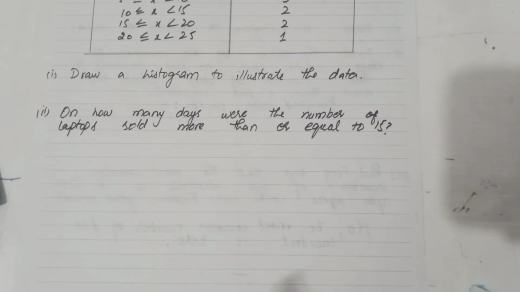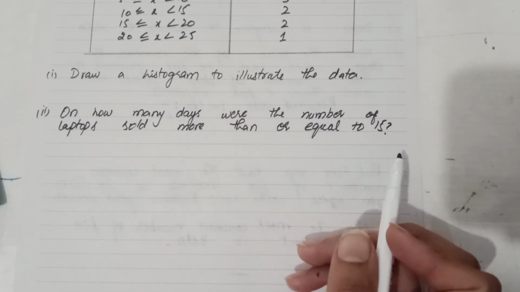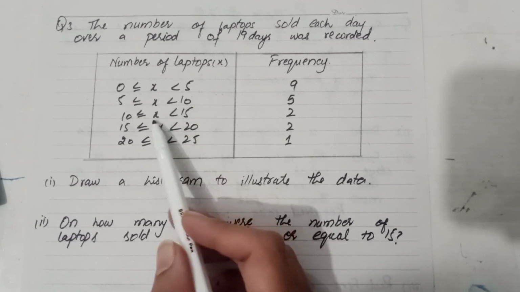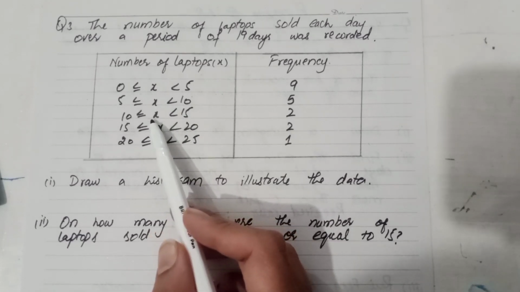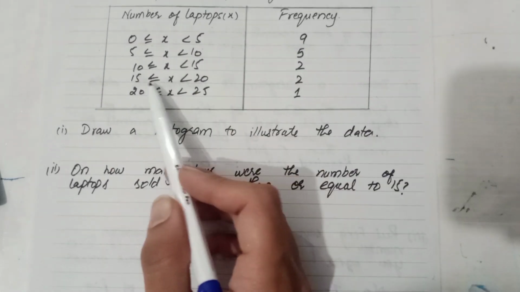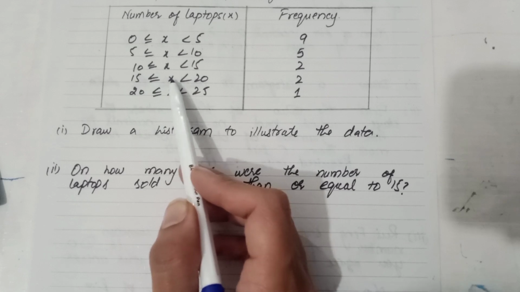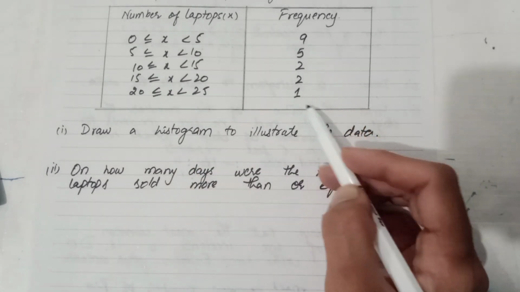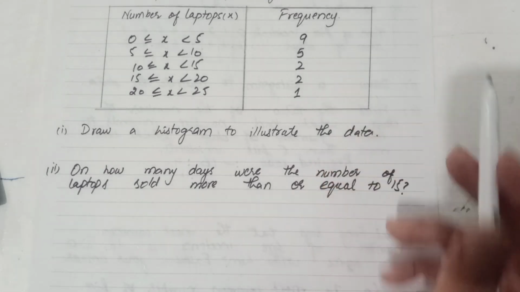Now students, part number 2, on how many days was the number of laptops sold more than or equal to 15? That is the data. We can observe that less than 15 is one part, and we have to observe what is greater than and equal to 15, and we want this. There are 3, 2, and we add 1 to it, we get 3.